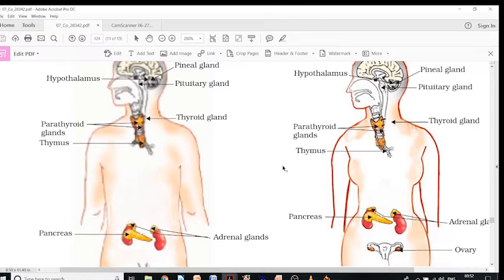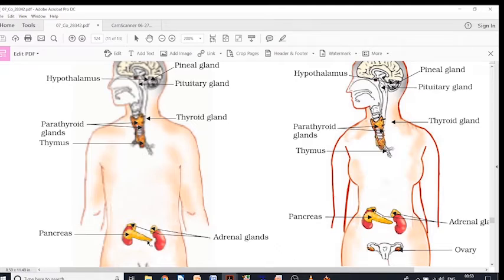The next hormone is the insulin hormone, which is secreted by the pancreas. Do you know where the pancreas is located? It is located behind the stomach, and it secretes the hormone insulin. Now, what is the function?